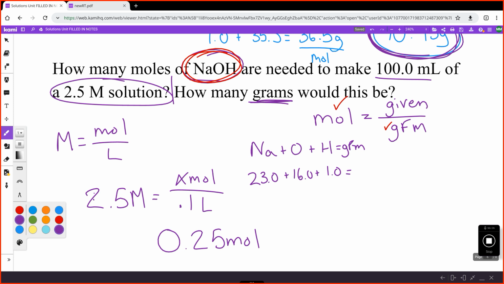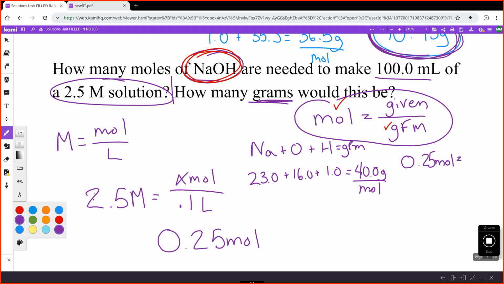So 39, 40, 40.0 grams per mole. Now basically, if I knew I had 1 mole, it would be 40 grams. But I don't have 1 mole. I have 1/4 of a mole. So if I come back up to this formula and plug it in, it would be 0.25 moles equals X amount of mass over 40.